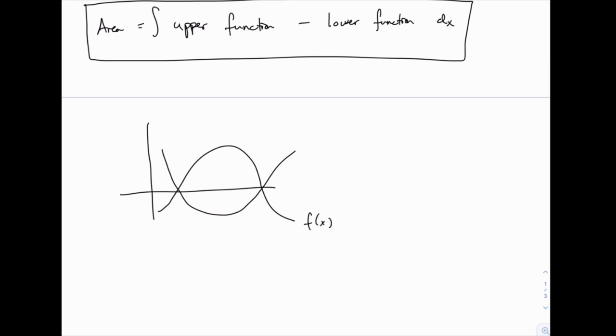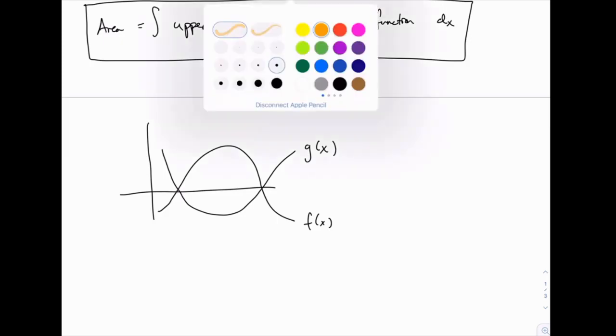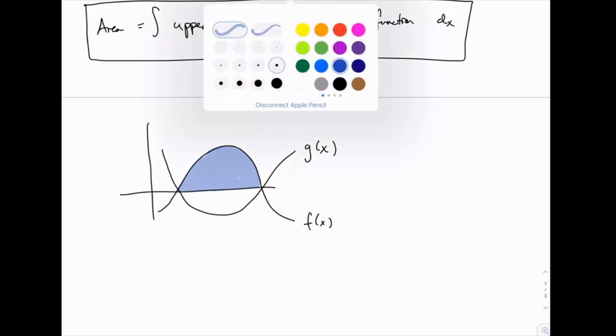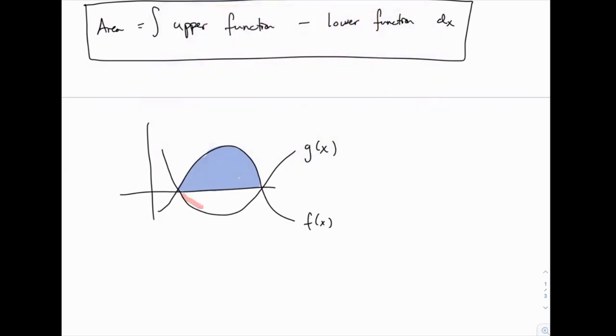Let's say this is f of x and this is g of x. If you want to find the area between those two, we're looking for this area here combined with this area here underneath the x-axis.